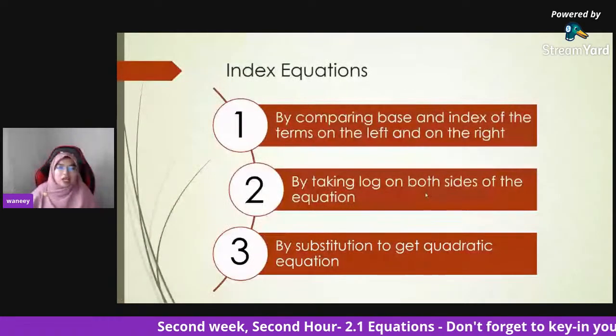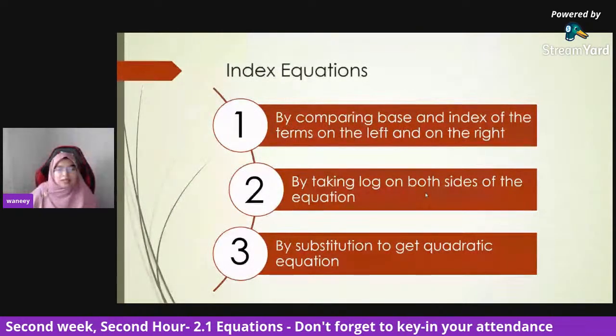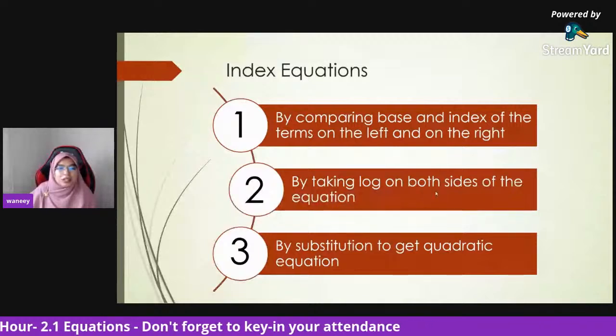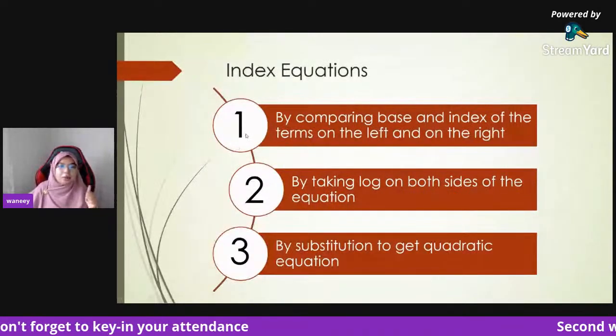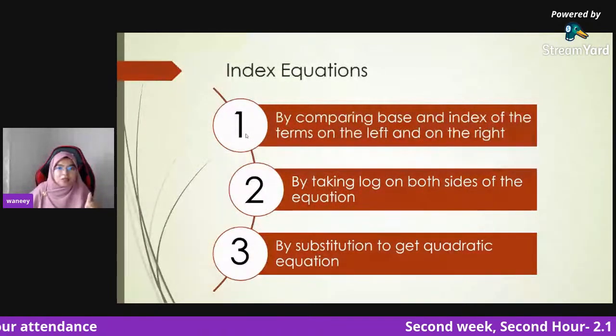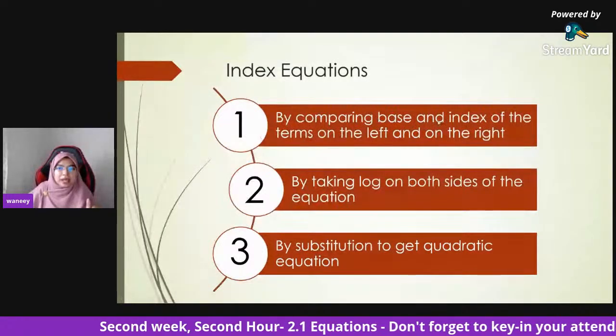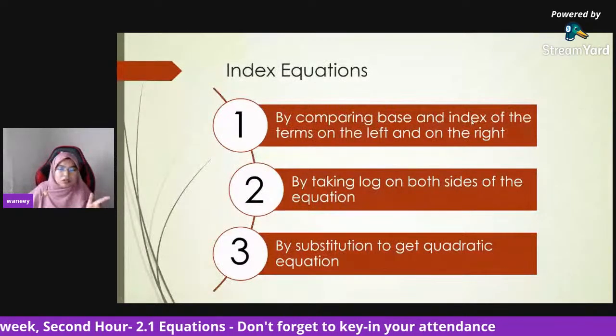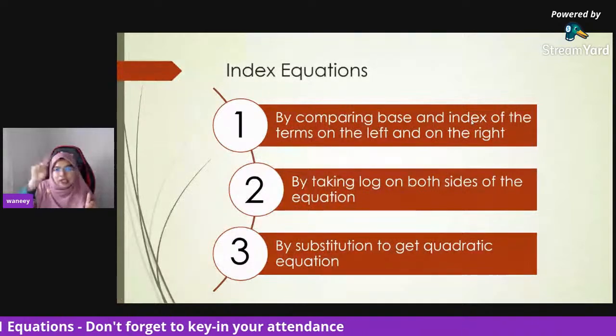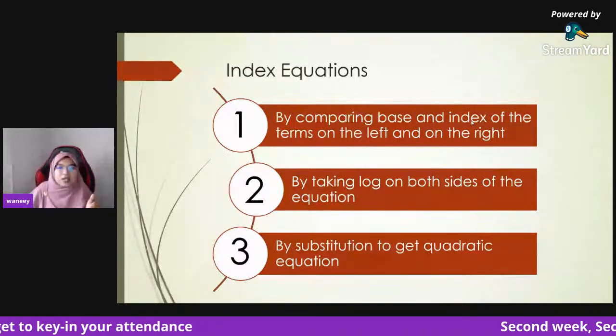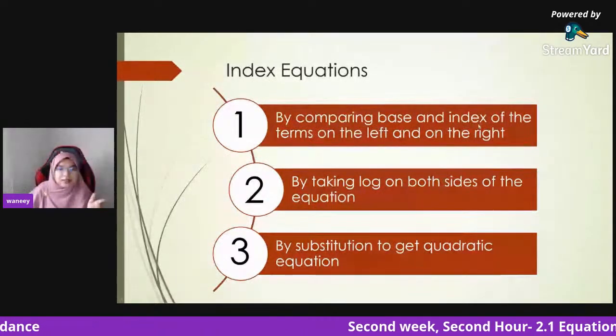Okay, so there are 3 methods to solve an index equation. The first one, we can compare the base and index of the terms on the left hand side and right hand side. Once we have a common base on both sides, we can easily compare the index and find the value of x.